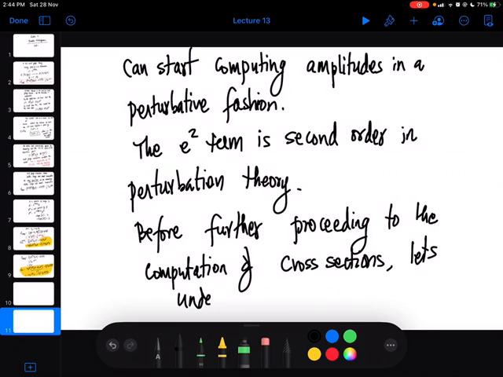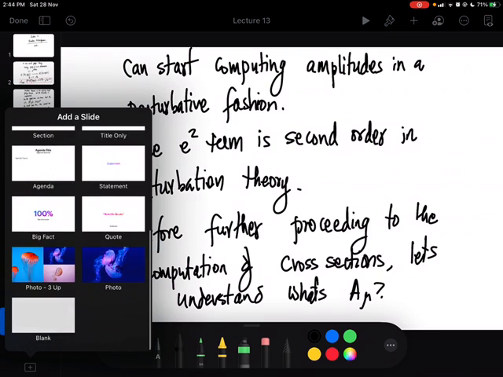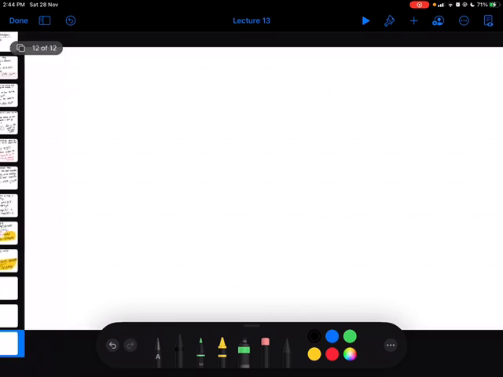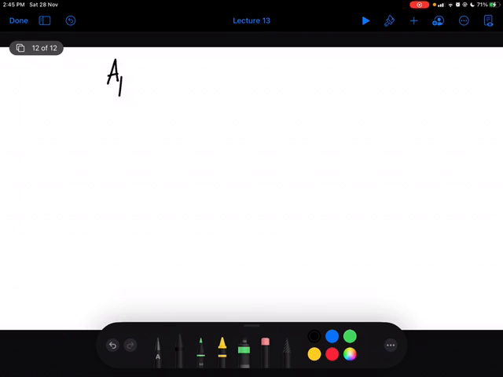Let's understand what A mu is. See, I said in the classification of particles, when I did it some time ago in one of these lectures, that all the particles come out as some representations of the Lorentz group.